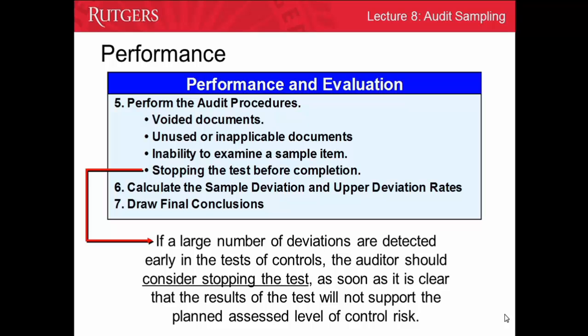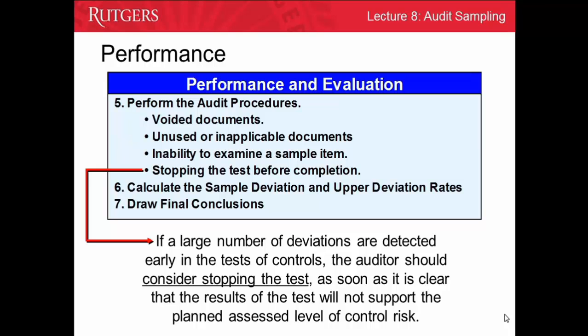First, the nature of each deviation and its cause and consequences should be considered. For example, the auditor should determine if a deviation represents an unintentional error or fraud, and whether the deviation actually resulted in a monetary misstatement to the financial statements.